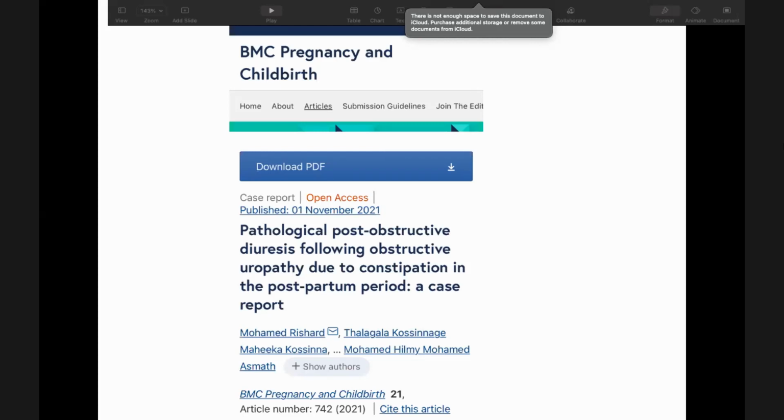It can happen in other patients, not only pregnant women, and is very common. Because of the fecal loading, she had obstructed ureters. She had acute kidney injury like features. So a GP quickly evacuated the fecal loading by giving an enema. Sometimes we do manual evacuation.